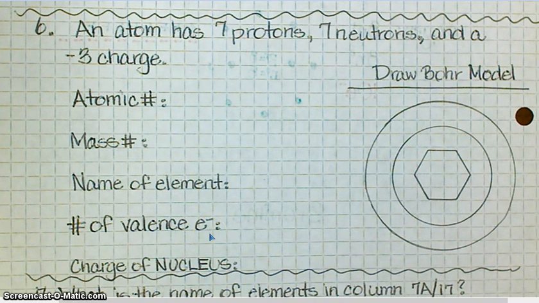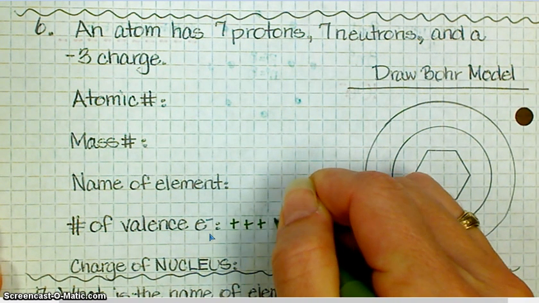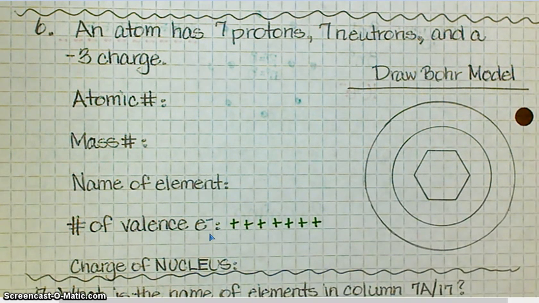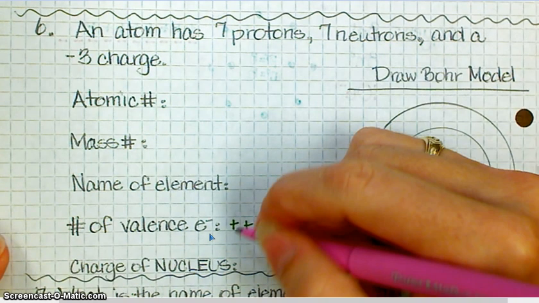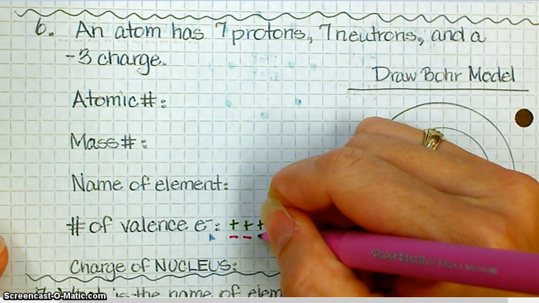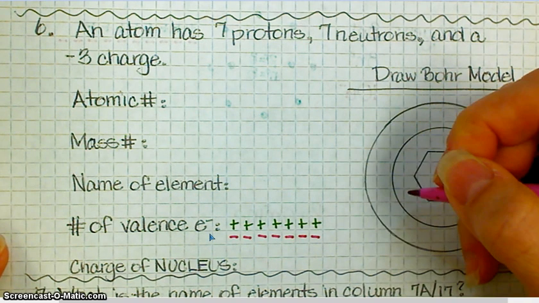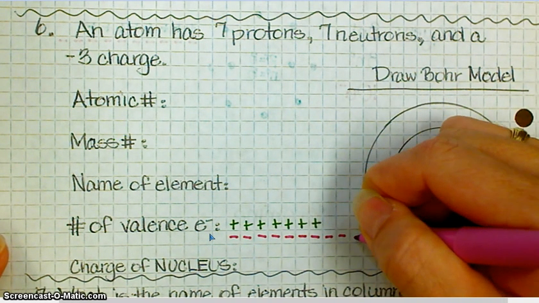Number of valence electrons. Okay, so this one is interesting because it says we've got a -3 charge. I've got 7 protons, and if I have a -3 charge, I've got the 7 electrons that match the protons, but then I've got 3 extra ones.